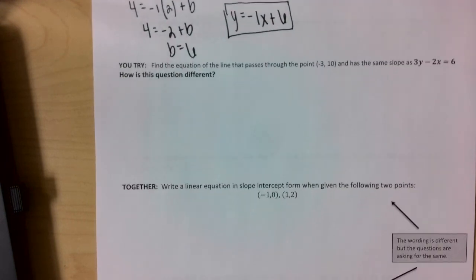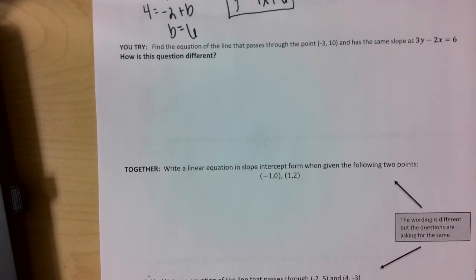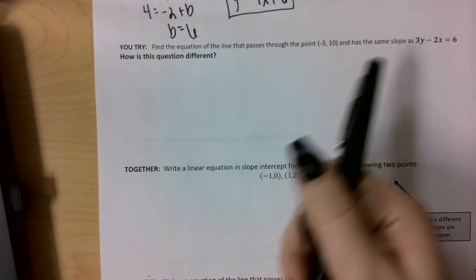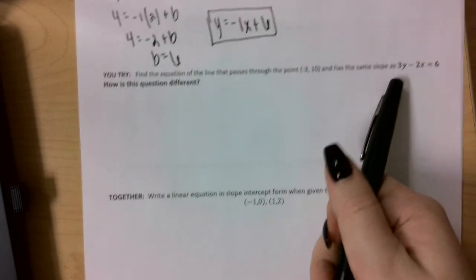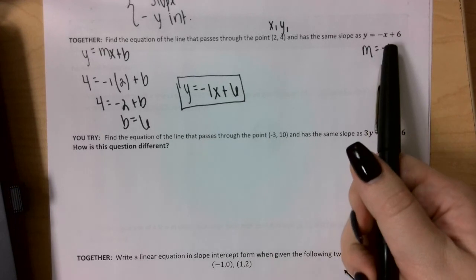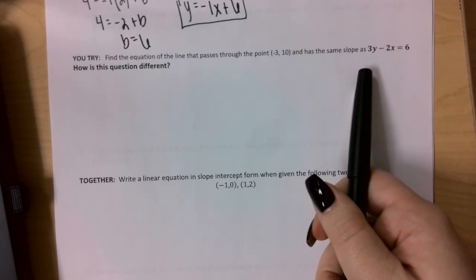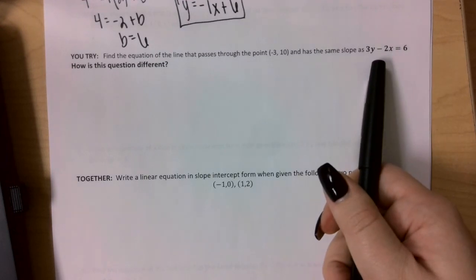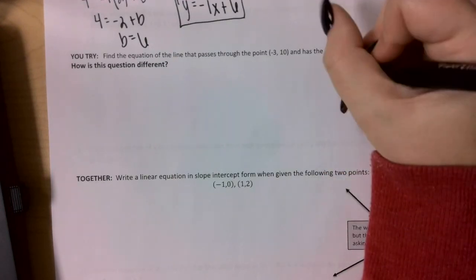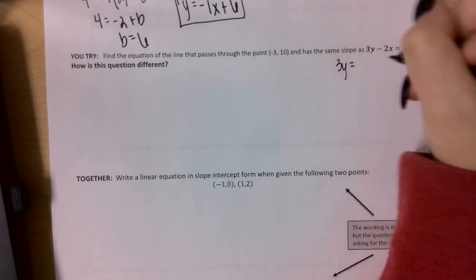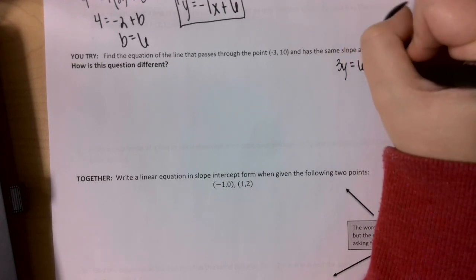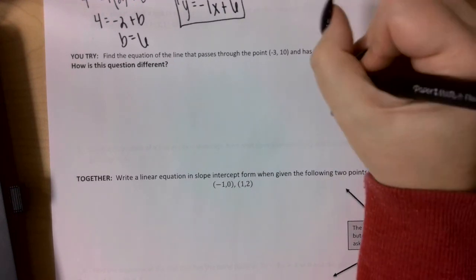So it says find the equation of a line that passes through that point and has the same slope as this equation. So here I'm in slope-intercept form, so it was easy for me to see my slope. Here I am not in slope-intercept form. So to see the slope, I have to solve this. So again, I would get y by itself.